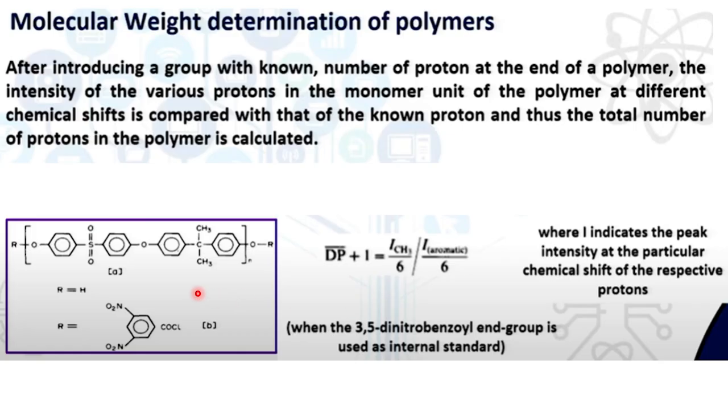So, here is the example. There is an N group R. Here R is 3,4-dinitrobenzene with COCl. After introducing a group with a known number of protons, you now know that there are three different protons. One is here, and another one is here.